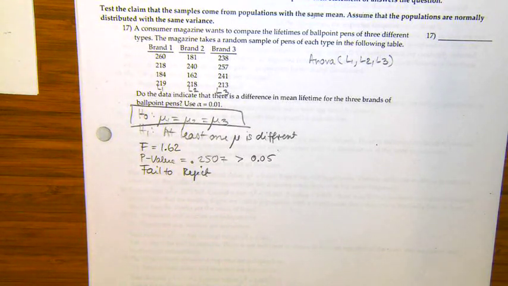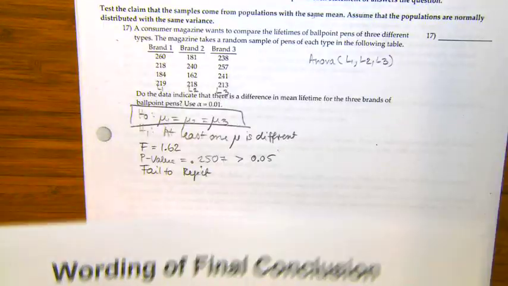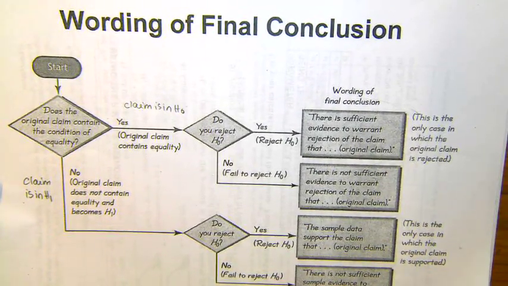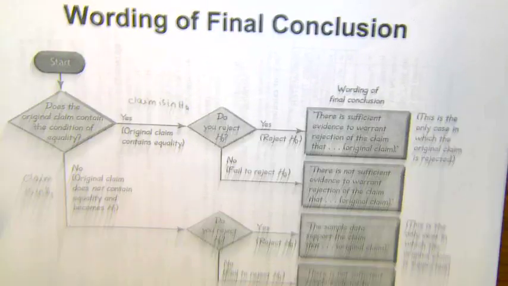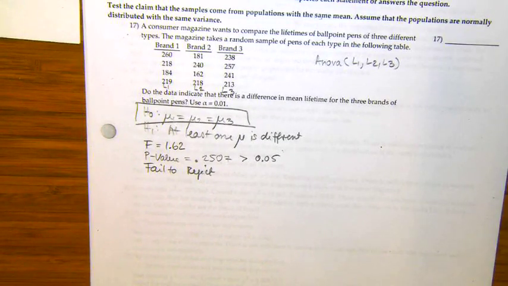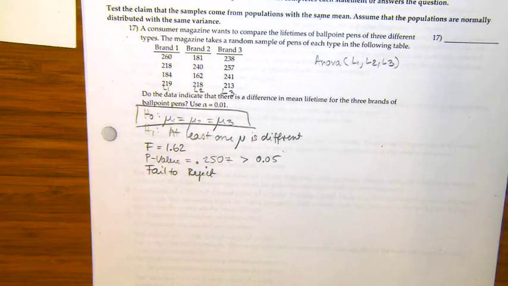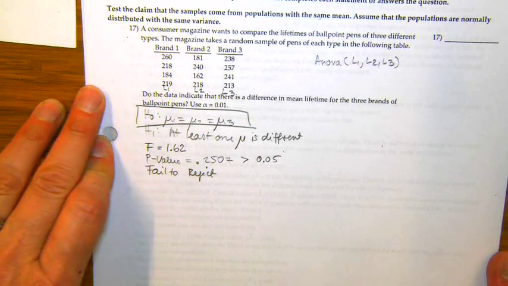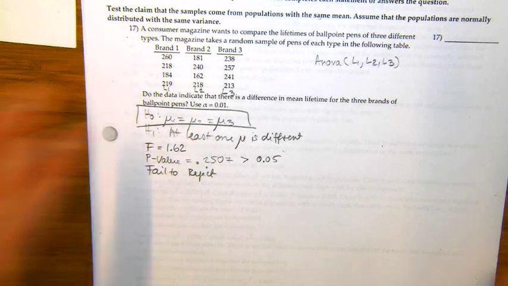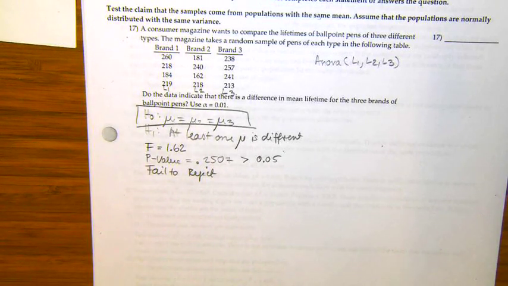So we had our claim in the null. We failed to reject it, so there is not sufficient evidence to warrant rejection of the claim that they come from a population with the same means. So we do believe that these 3 mean values are the same, or at least very similar.